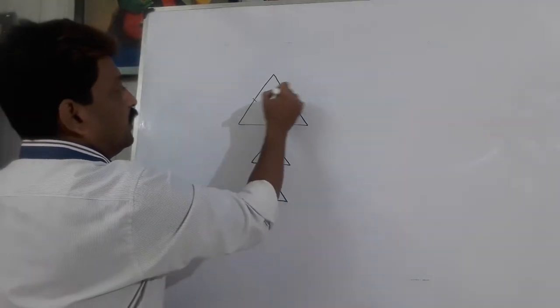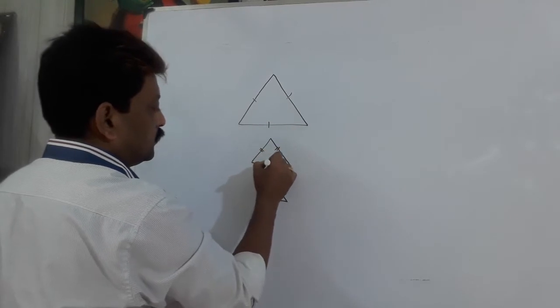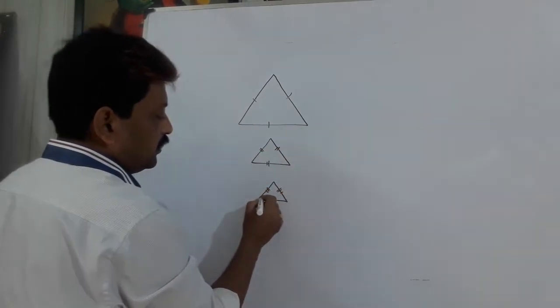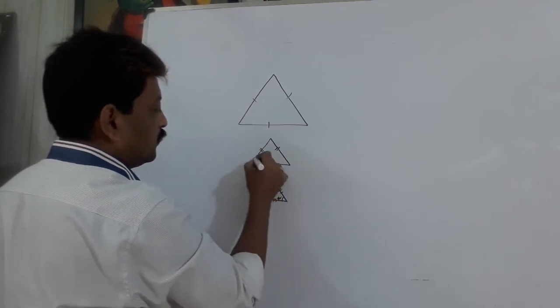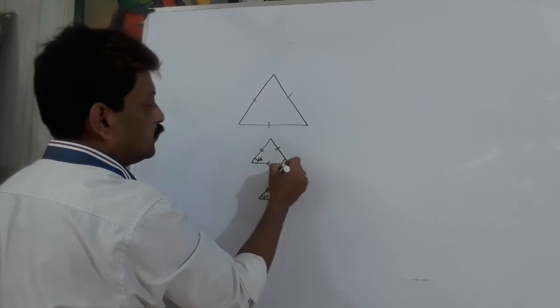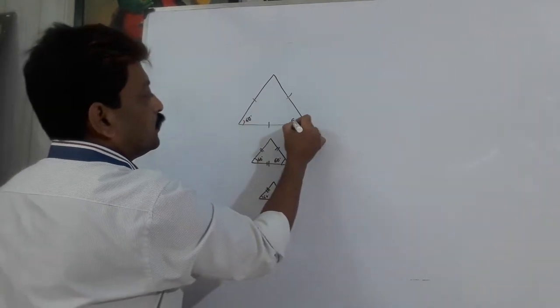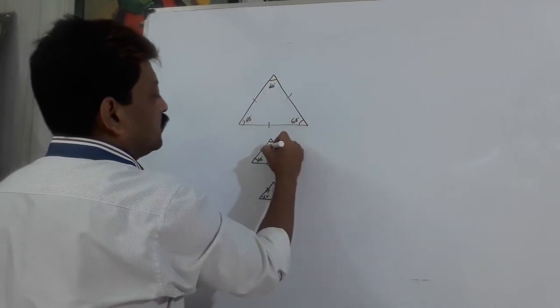All the equilateral triangles have sides of equal length. Their included angles are equal, all are equal to 60 degrees, as you know. So all equilateral triangles are also similar.